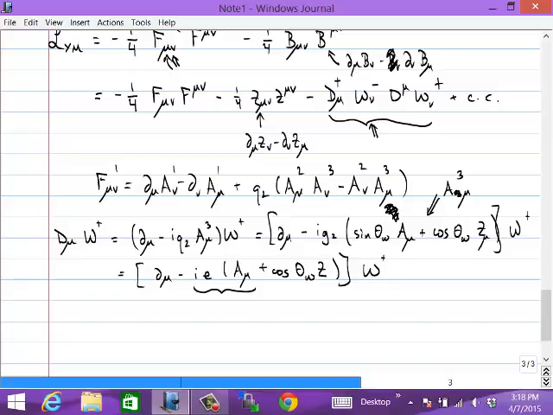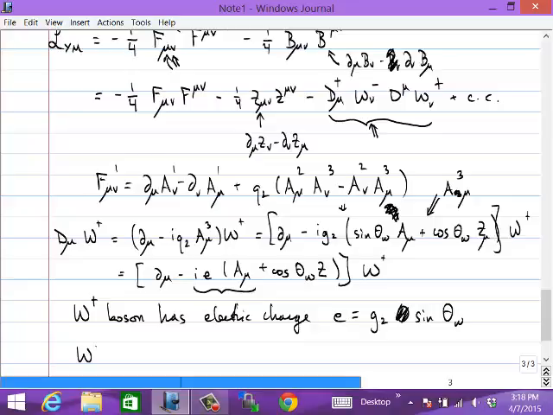That term tells us that the W plus boson has an electric charge e that's equal to, just comparing it with this formula here, g2 times sine theta W. And in some sense, this is the definition of electric charge. This is how electric charge arises from the SU(2) times U(1) electroweak theory.